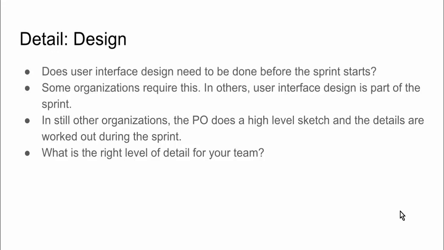In other organizations, the product owner and the development team do the user interface design, in which case it might be appropriate for all of the user interface design to take place within a sprint, in which case it's a series of tasks on a user story or a PBI. And a third option is that the product owner does a high-level sketch and the details are worked out during the sprint. What's the right level of detail for your team? This is a completely pragmatic question.